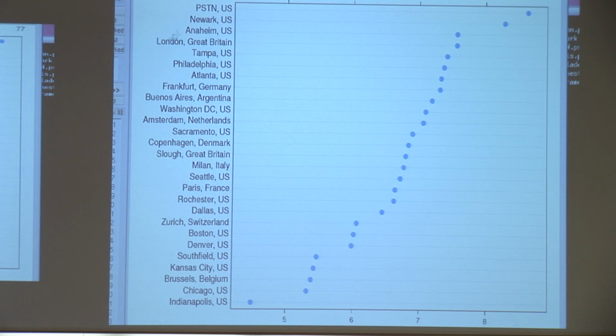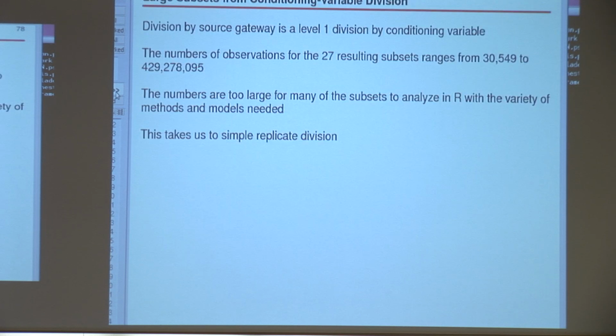In fact, I have the exact numbers here: 429 million. Sorry, the numbers at each site; the billion is the total. So we go from about 30,000 up to 429 million observations.